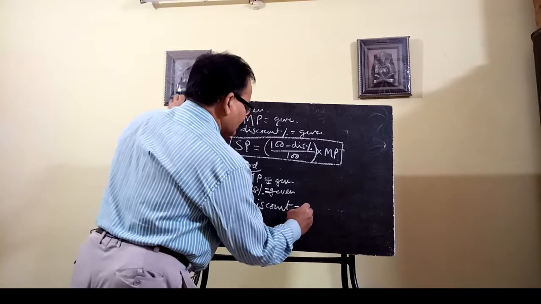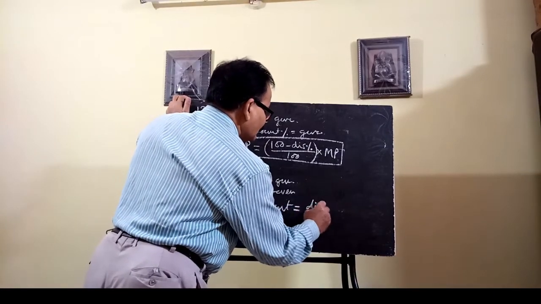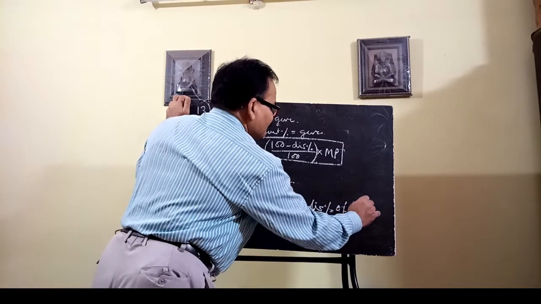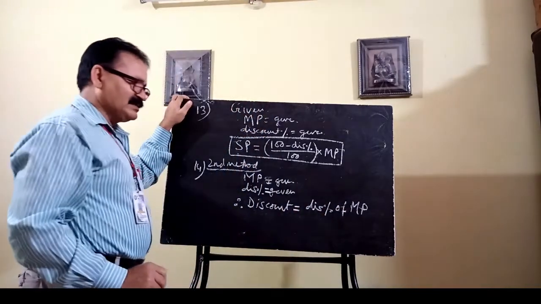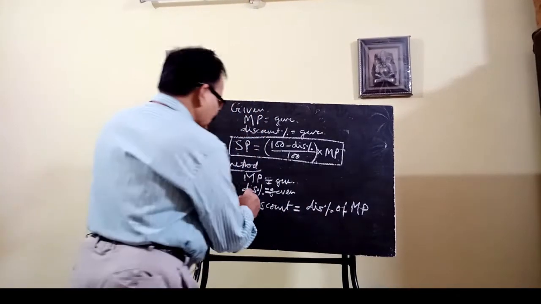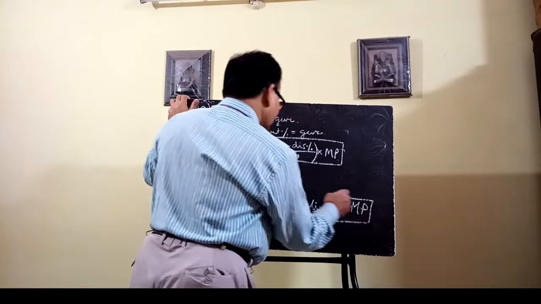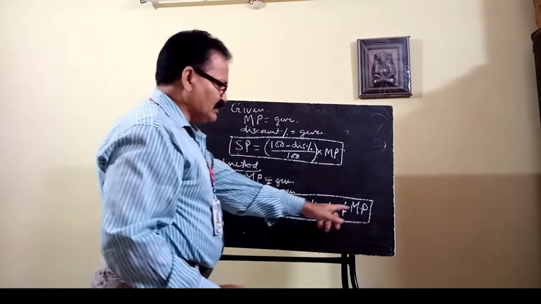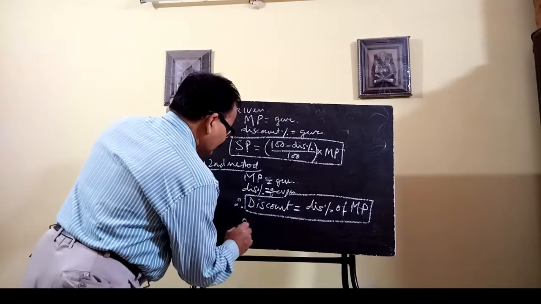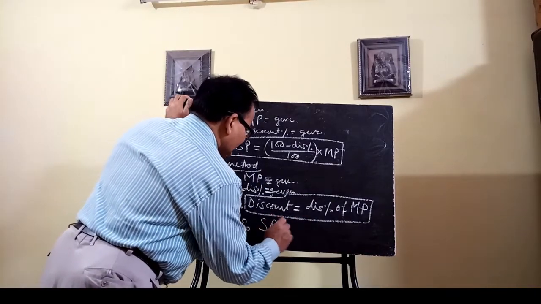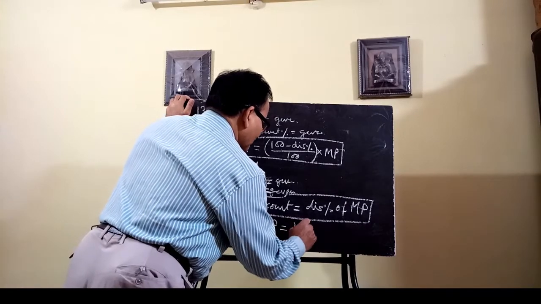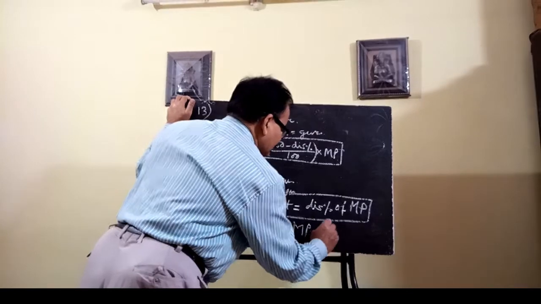Discount can be calculated by discount percent of your MP, the marked price. That discount you have calculated as discount percent of your MP. Then SP can be calculated by the formula MP minus discount.